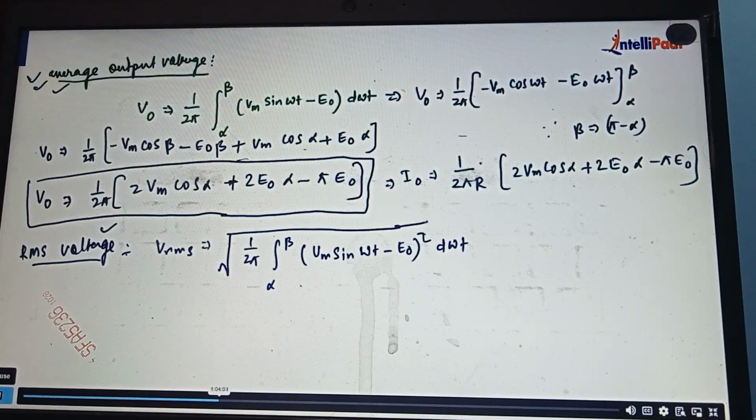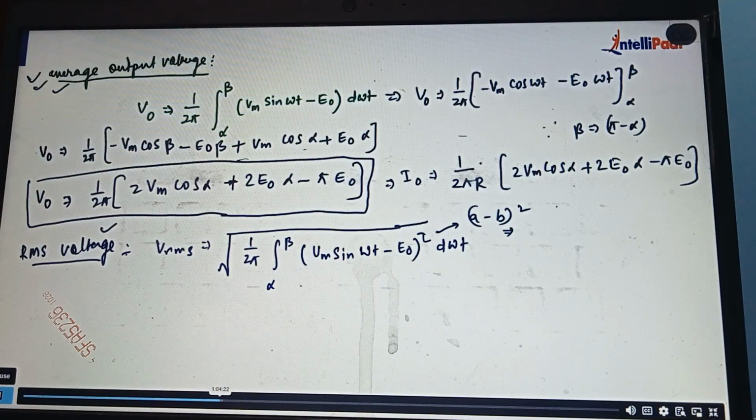That's all. In case of RMS, we have to take the root, the mean, as well as the square. So open this using the formula (A minus B) whole square.